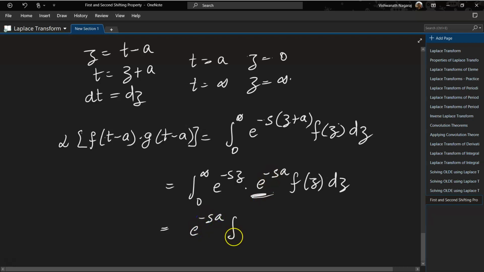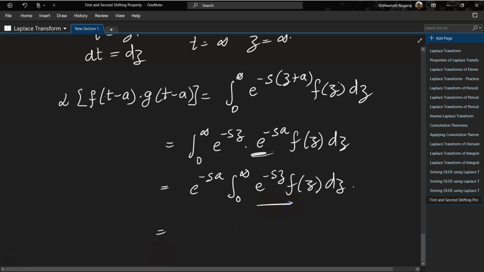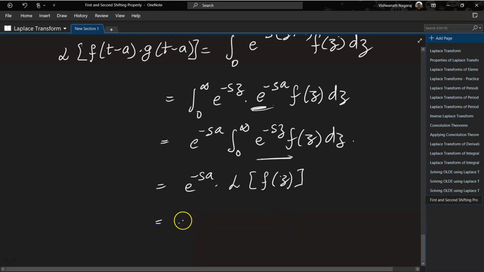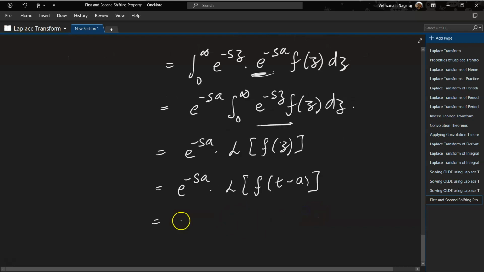Minus sa integral 0 to infinity of e to the power of minus sz f of z dz. Now as we know, this is nothing but Laplace of f of z, and let's substitute back e to the power of minus sa times Laplace of f of t minus a, or what we could also do is e to the power of minus sa capital F of s.